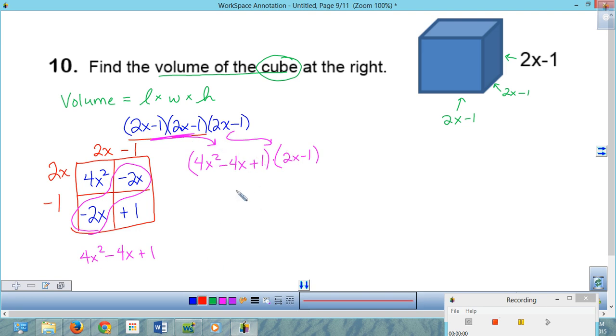And so you'll make another box. This time it's a 3 by 2. So I'm going to write 4x squared minus 4x plus 1. And then up here I'd have 2x and minus 1.